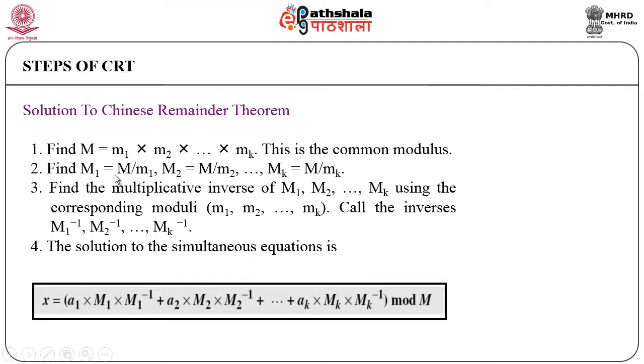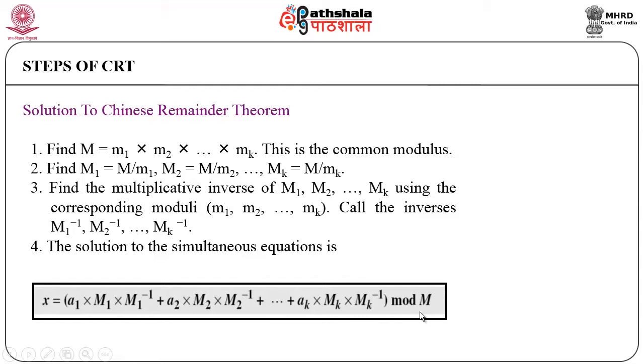Once we have that, the last step is to find the value of x. That is given by x is equal to a1 into M1 into M1 inverse plus a2 into M2 into M2 inverse, and so on, plus ak into Mk into Mk inverse, mod M.